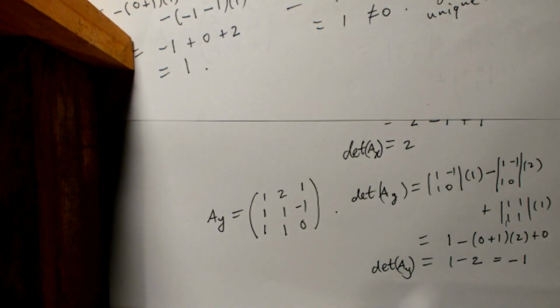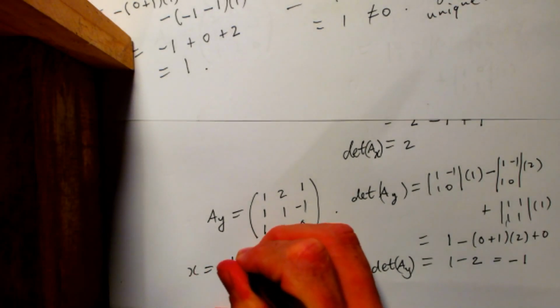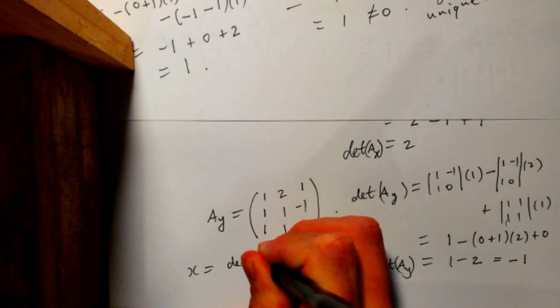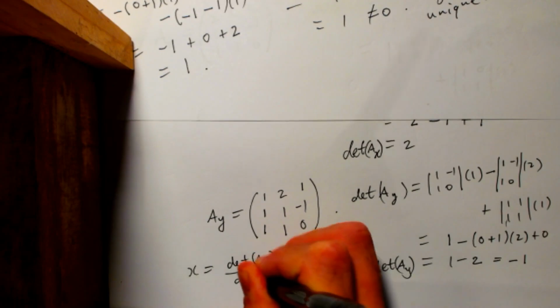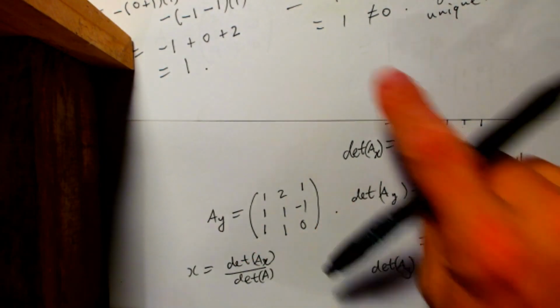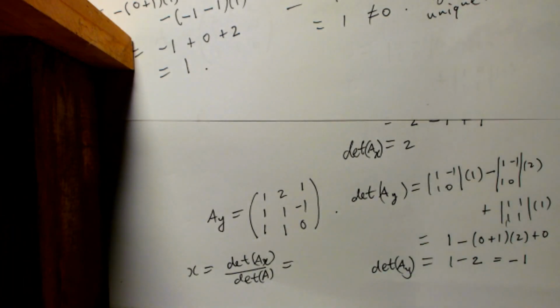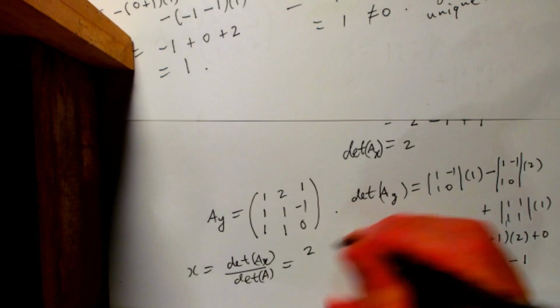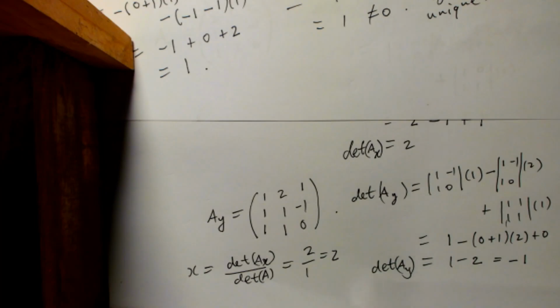Okay, so now what we can do is say, let's do some calculations here. X is det of AX over det of A. But the determinant of A is 1. So X is equal to 2 over 1, which is 2.